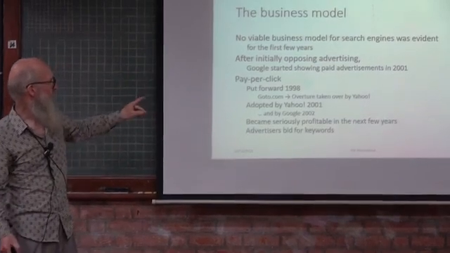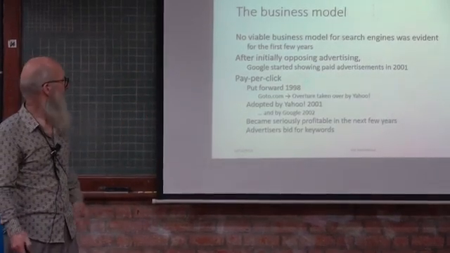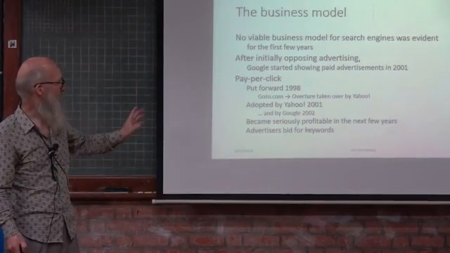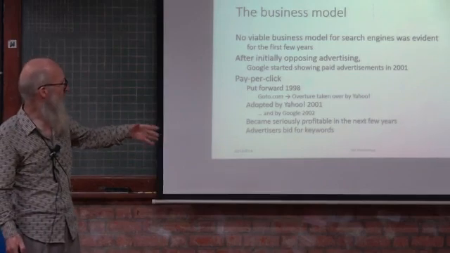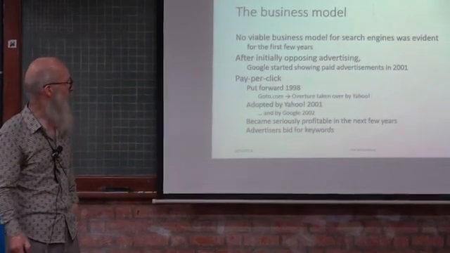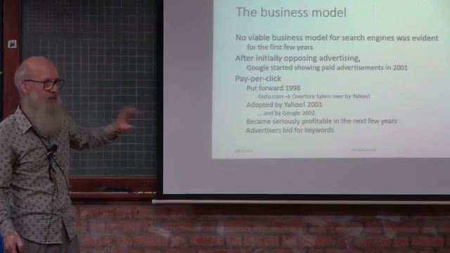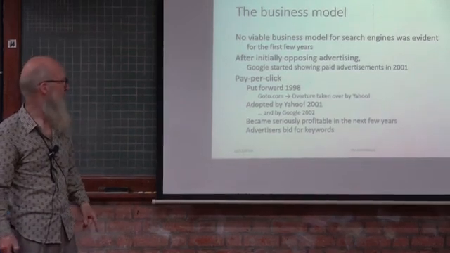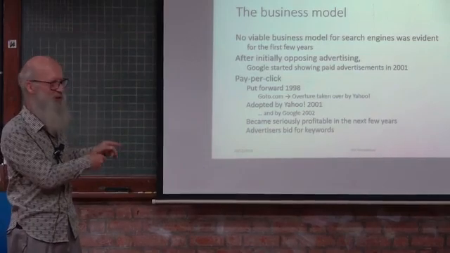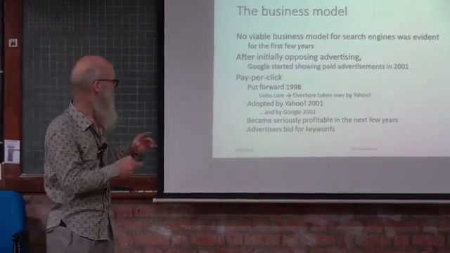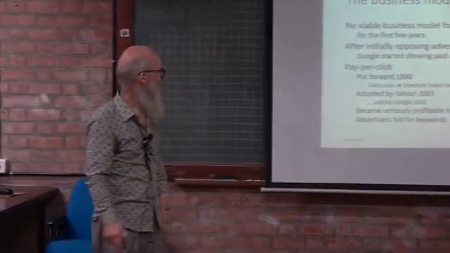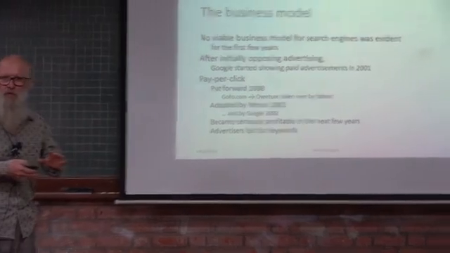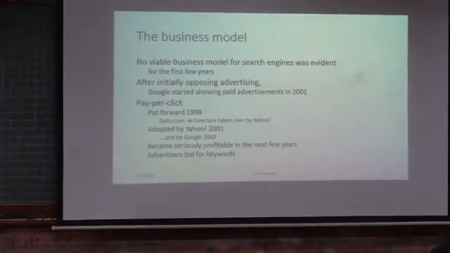The idea of pay per click was first put forward by a company in 1998, a company called GoTo.com, which became Overture, which was taken over by Yahoo. So it was actually adopted by Yahoo in 2001, and Google got hold of the idea in 2002. Again, Google didn't invent it, but Google's made a great success of it. And then it became seriously profitable for web search engines.